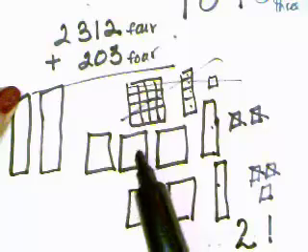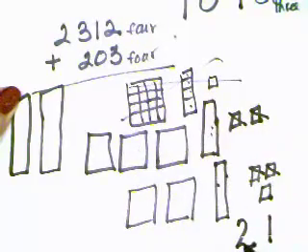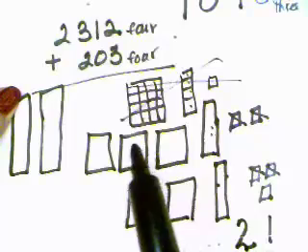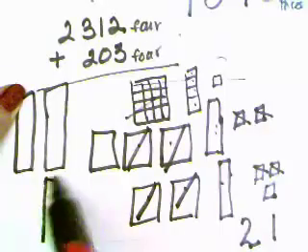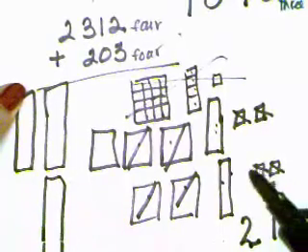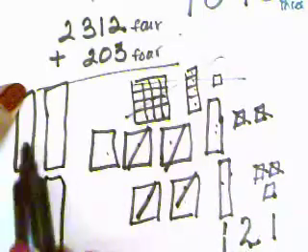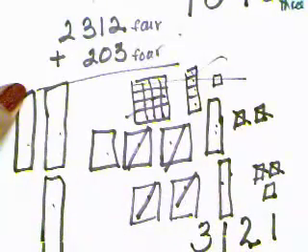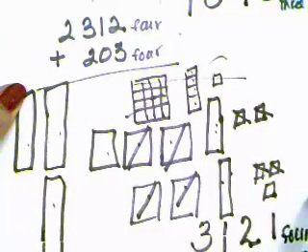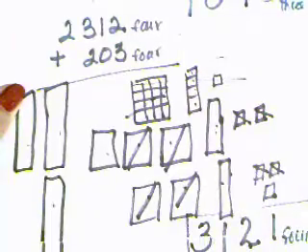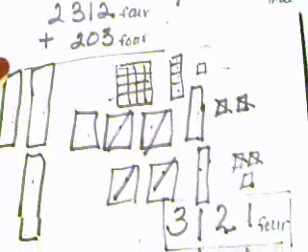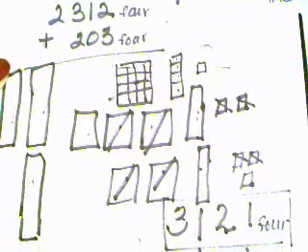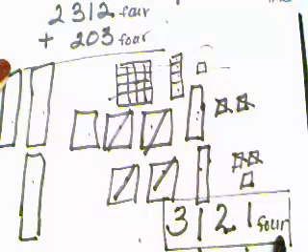I have 2 longs, so we keep those. And if I have 4 flats, that's going to make another long flat with 1 flat left over and 3 longs, and that is 3121 base 4.